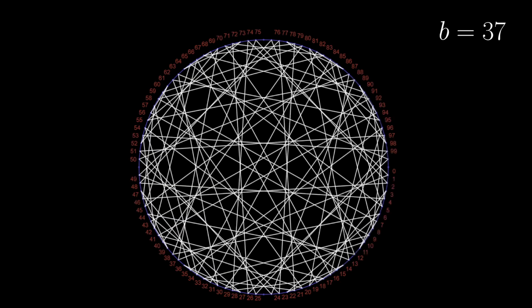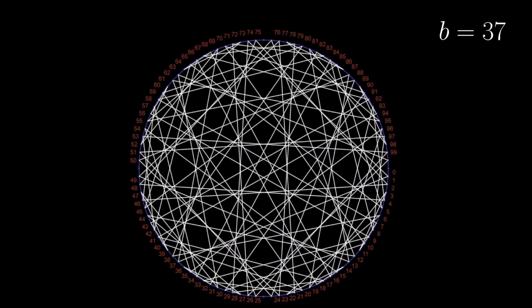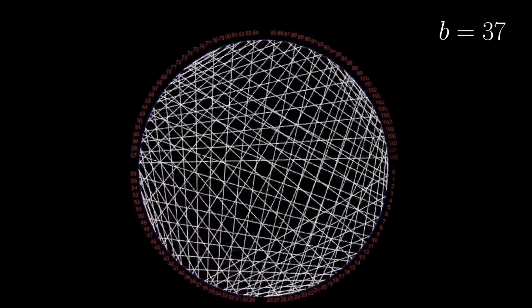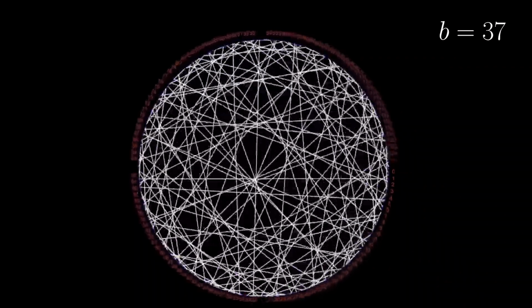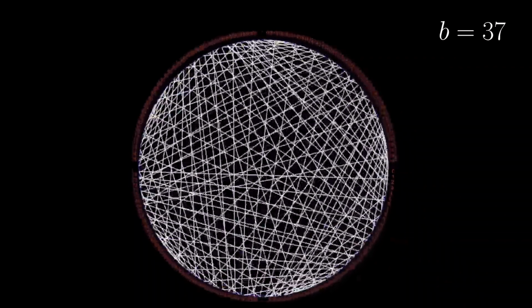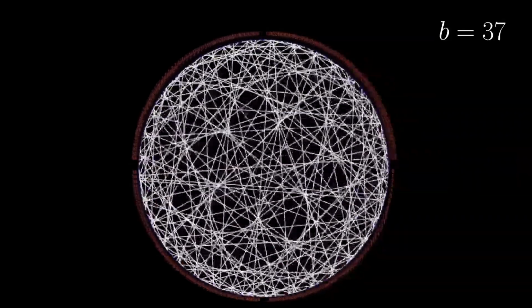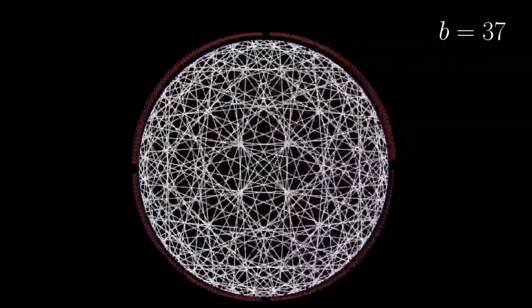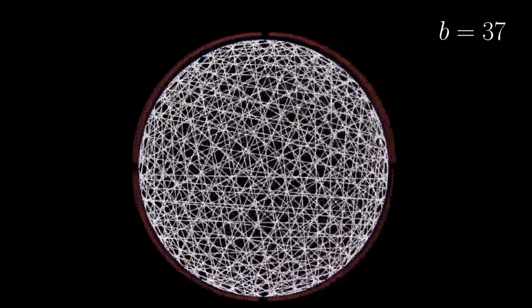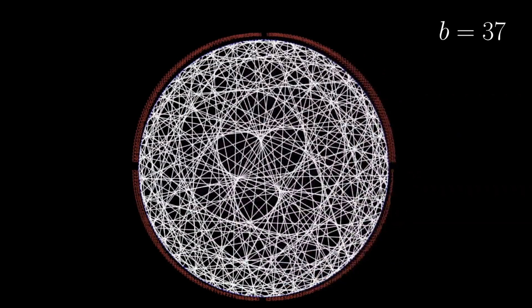In reality, we see that even if we keep b constant, changing p will also largely affect the final shape. You see, in the case of multiplier b equals 37, when changing p, the shape varies as dramatically as changing the multiplier b.